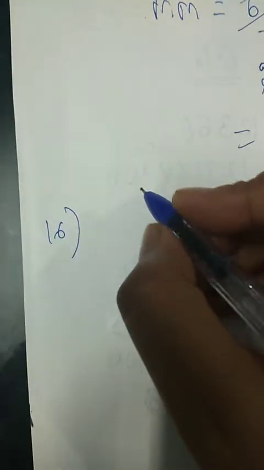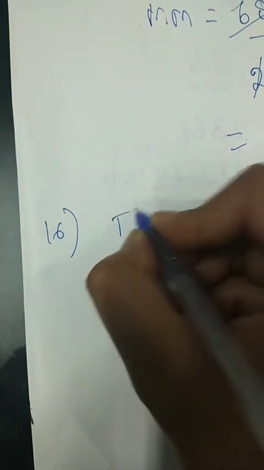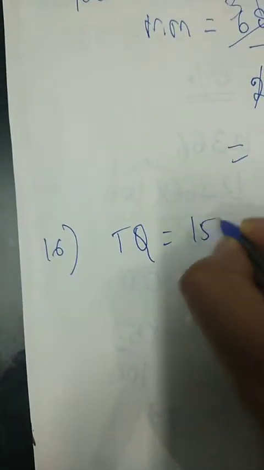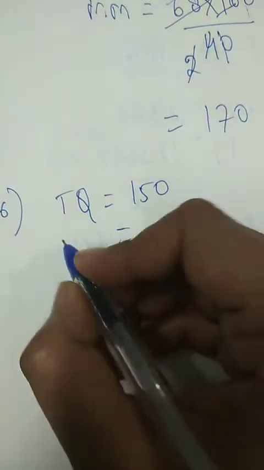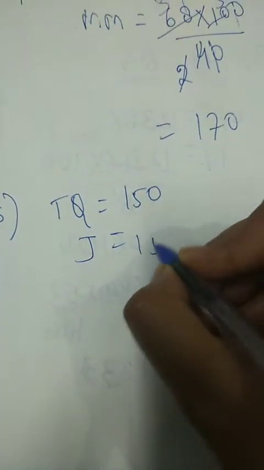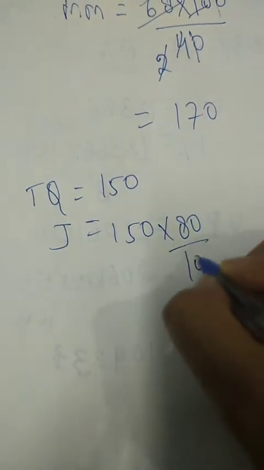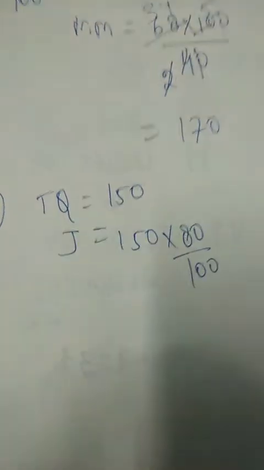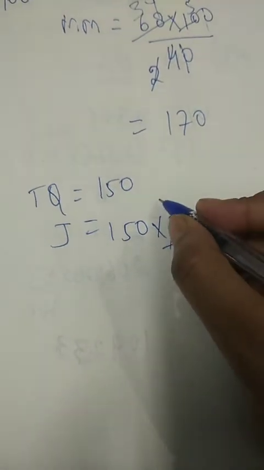So the total questions were 150 and John gave 80% correct answers. So the number of correct answers for John is equal to 150 into 80%. It will be 80% of 150. So this you will cancel out.